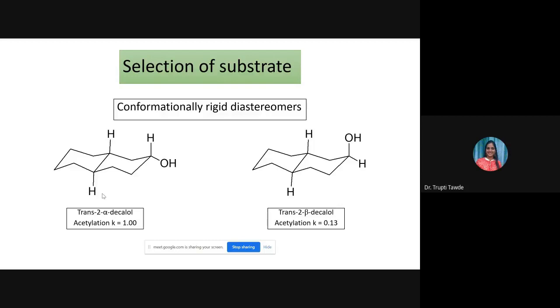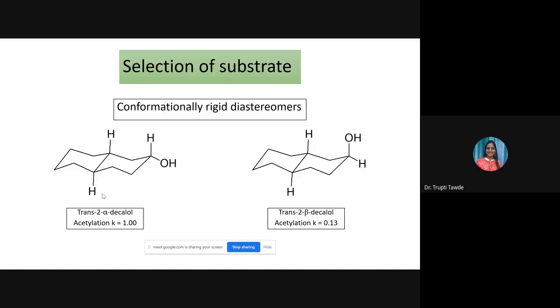During ring flipping, if I start with the axial alcohol, it may not remain axial, it may get converted into equatorial because of the ring flipping process. So if I'm doing any conformational analysis on decalin, I should select trans decalin as a substrate.